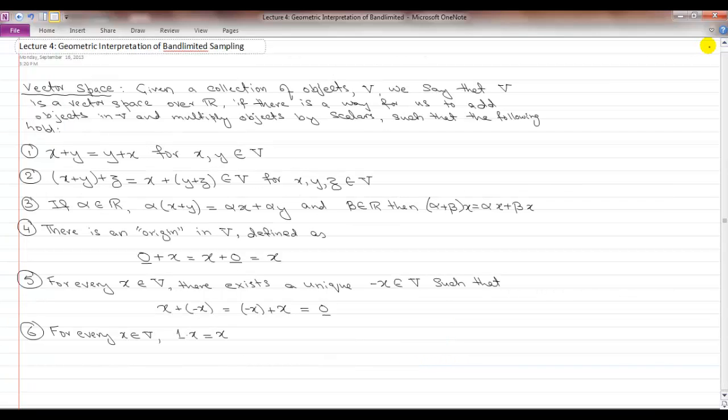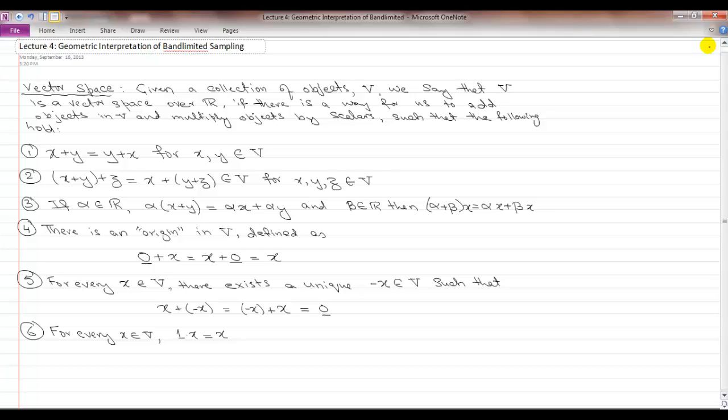So together, these 6 properties, if any collection of objects satisfies these properties, we call that collection a vector space. And we call every single object within that collection a vector. Okay? And the properties are very intuitive. All the addition properties that we know, and in addition, it should have an origin, an additive inverse, and a multiplicative identity.